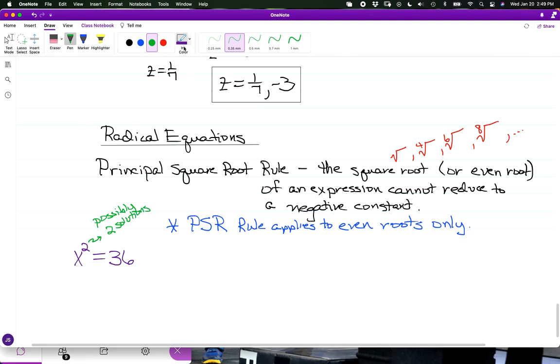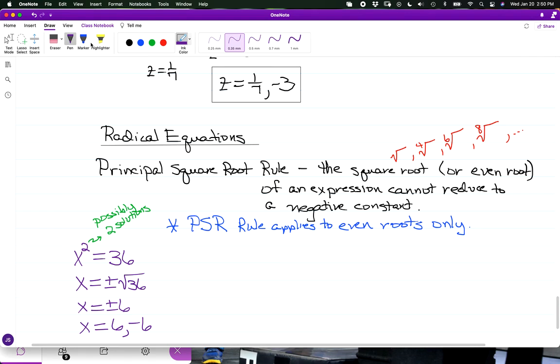If we start out with the equation in the form of x squared is equal to 36, and I applied the square root property of equality, going from x squared to x, we have plus or minus the square root of 36. So we had x equal to plus or minus 6, and so for the solutions in x, you would have 6 and negative 6.